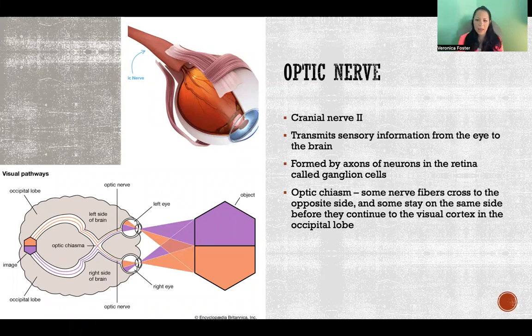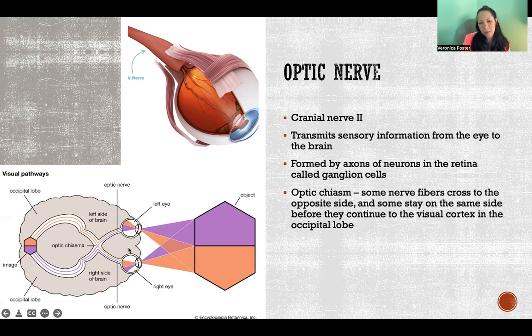The optic chiasm refers to where some of those neurons that are traveling in the optic nerve flip and cross over to the opposite side. So if we look at the visual field, the purple here is showing the left visual field and the orange is showing the right visual field.